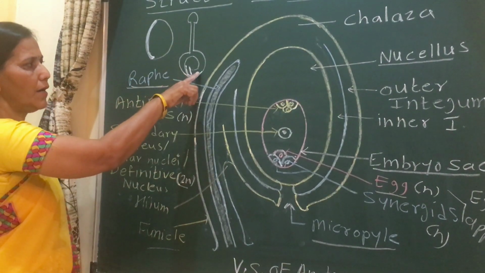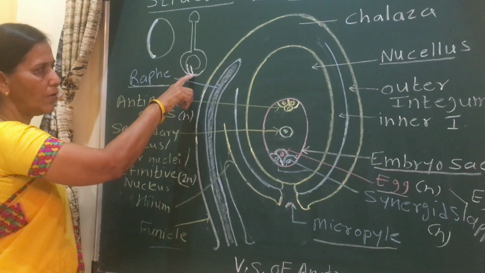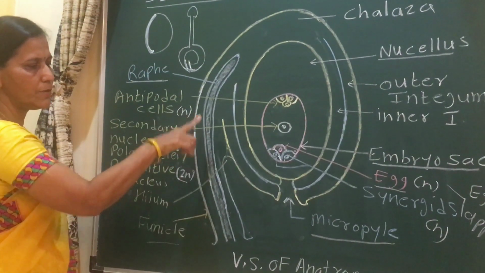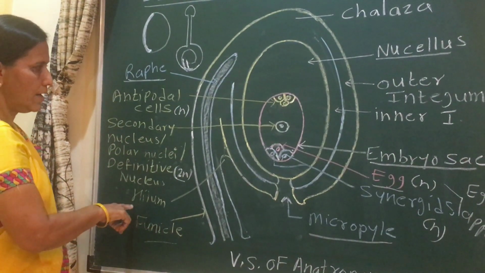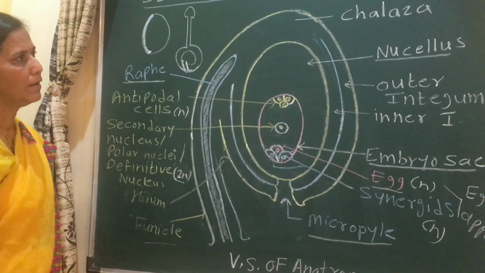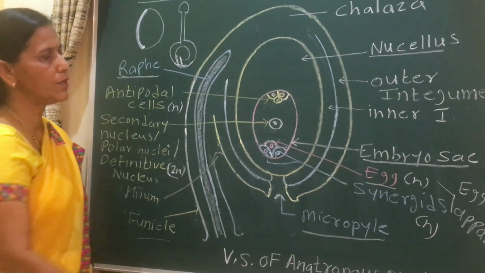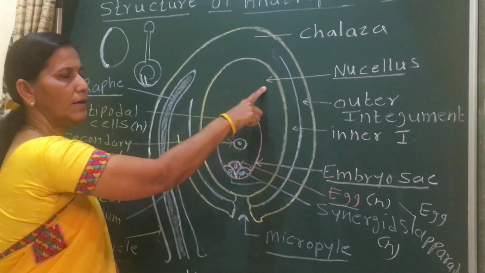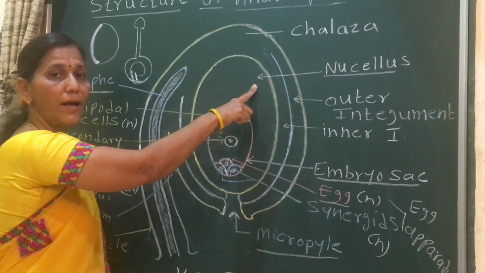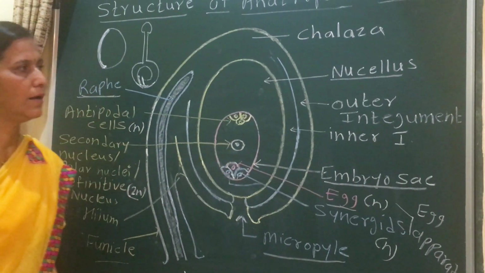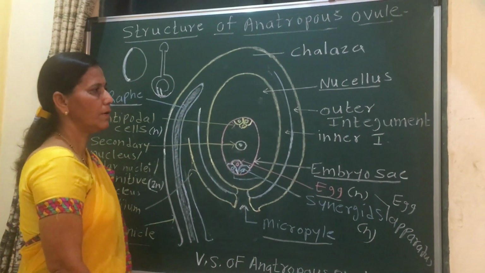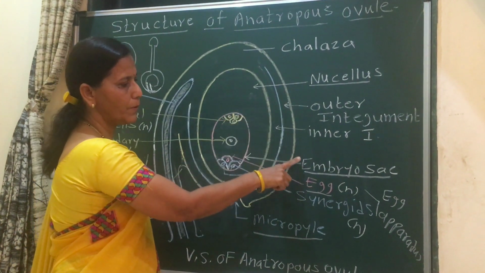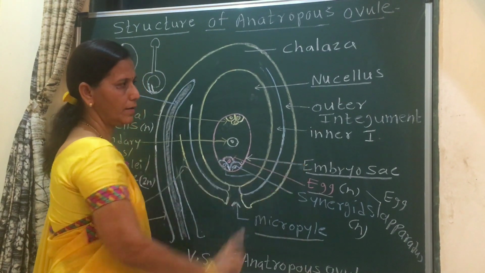Means all nutrients from the ovary are provided through this funicle or stalk. Next portion, nucellus. It produces the megaspore, hence it acts as a megasporangium, and that megaspore produces the embryo sac.